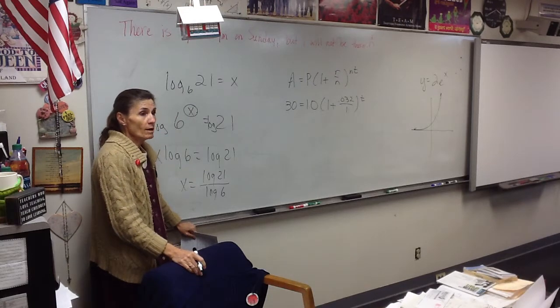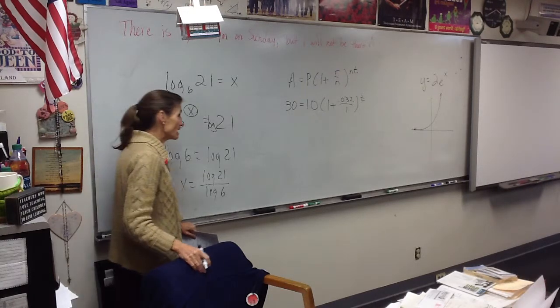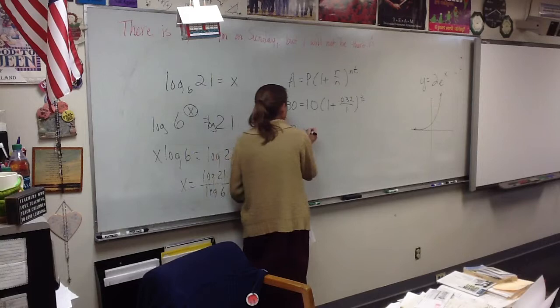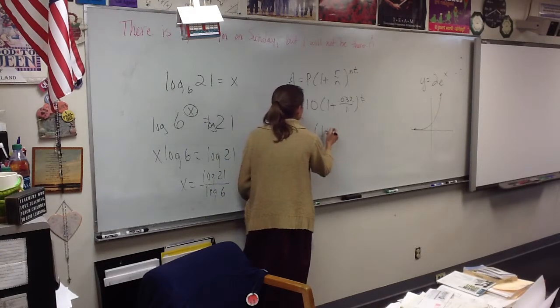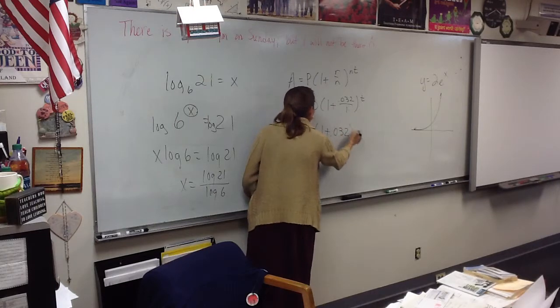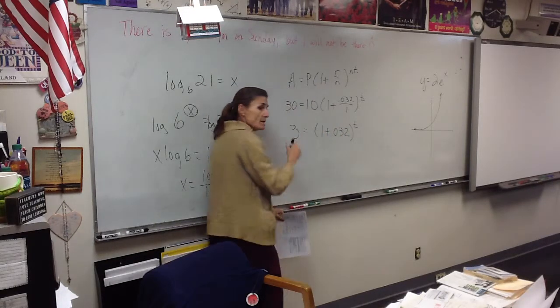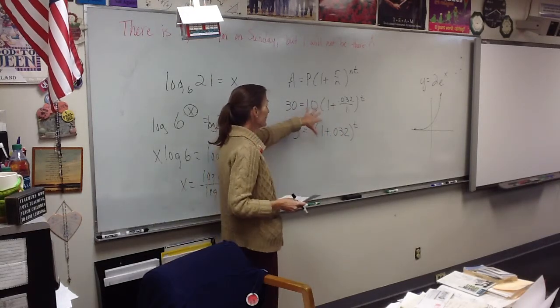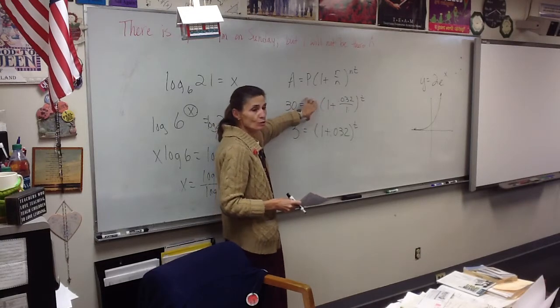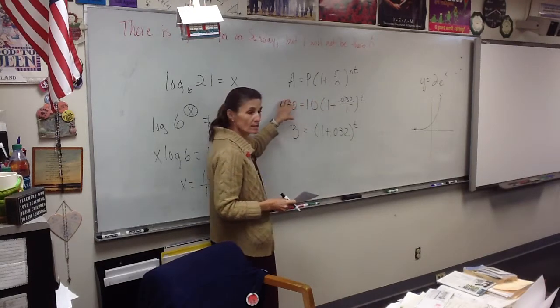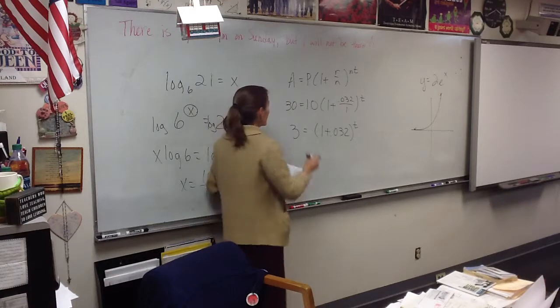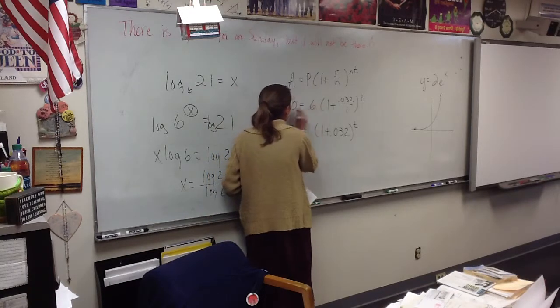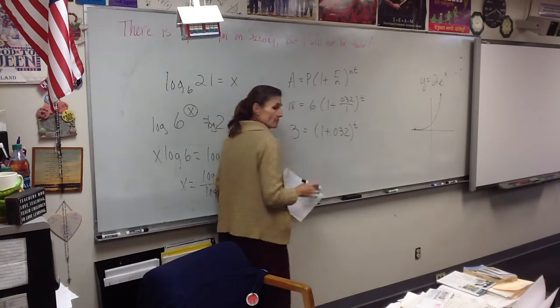So what's step 1? Divide by 10. So you're going to get 3 here. Is everybody going to get 3 here? Yes, because Lily, the point is, whatever you start with, you're going to end up with 3 times it. So if you started with 6, you would end with 18.